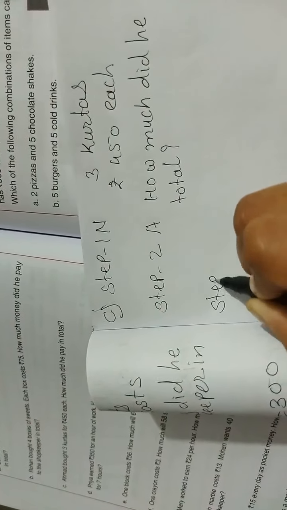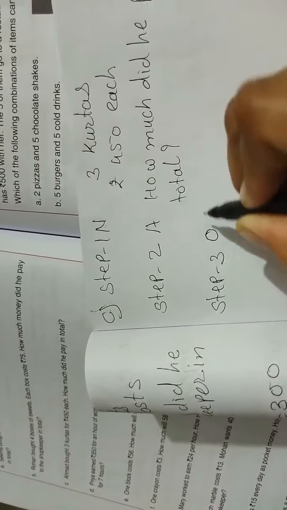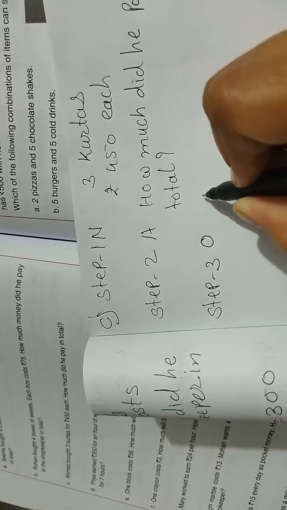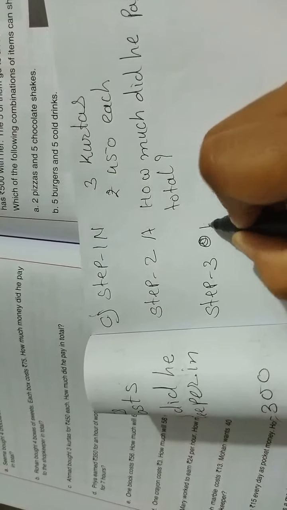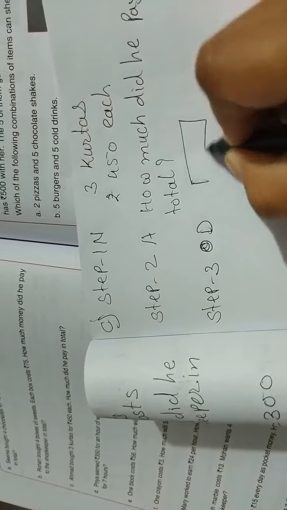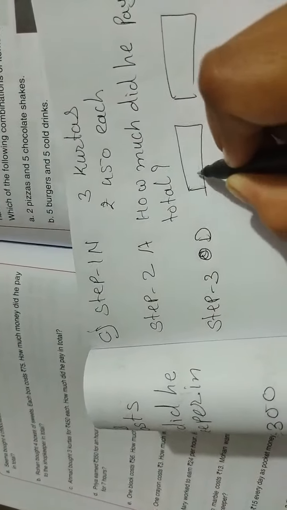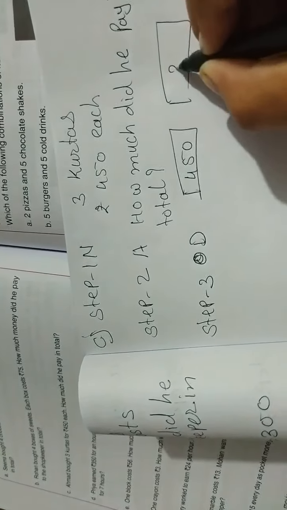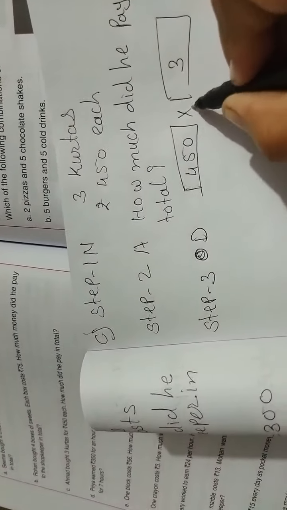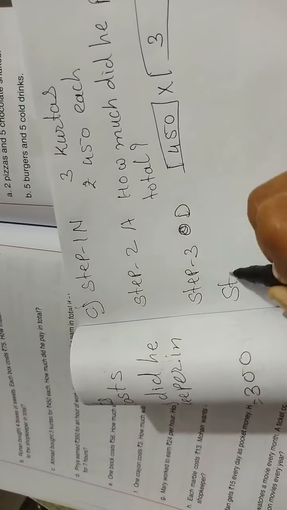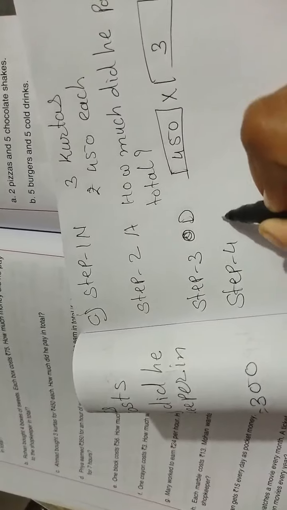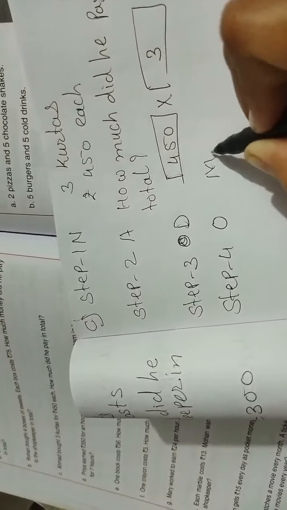Step number 3 is draw. We have to draw 2 boxes, 450 and 3. Multiply. Step number 4, here we'll use the multiply operation.